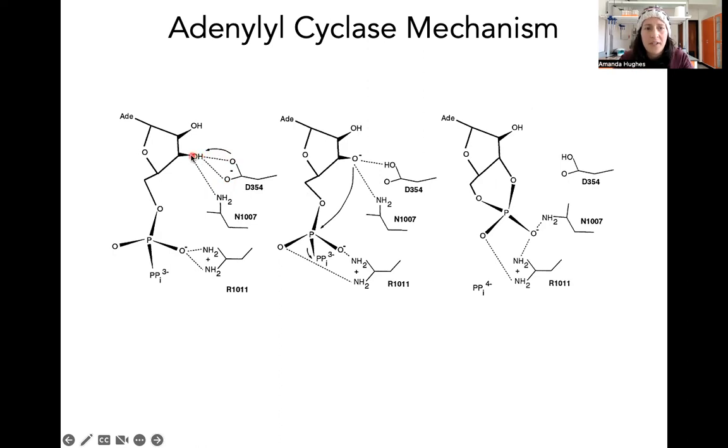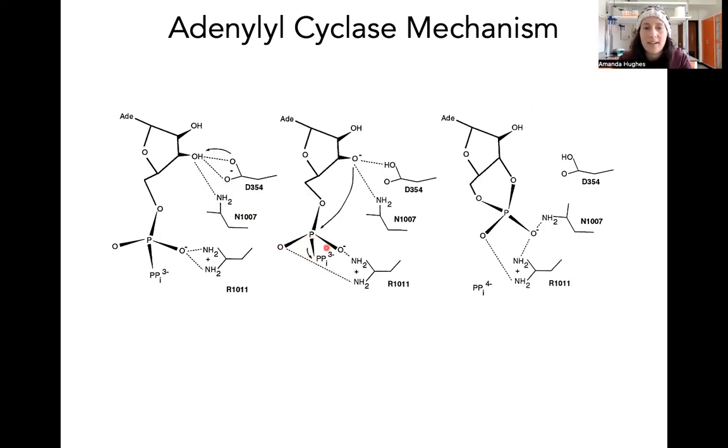Okay, but mechanistically, what happens arrow-pushing wise is the aspartic acid deprotonates, pulls that proton off of the hydroxyl group here and creates this oxyanion. And you can see now that the aspartic acid has that H on it, right? So there's our proton, but we've created a really good nucleophile, because anything with a localized negative charge on it is a really good nucleophile. So this nucleophile, our O minus, our oxyanion, will attack the gamma phosphate. Electrons will jump up on the double bond of the phosphate, jump down, and then kick off a leaving group.